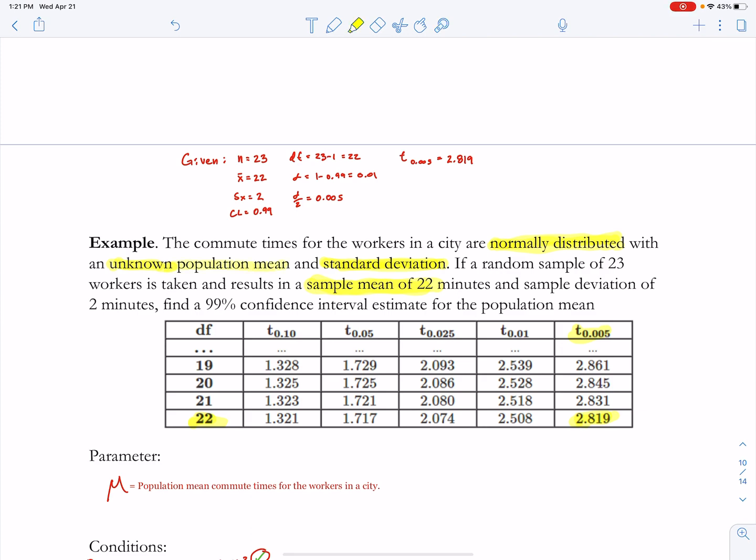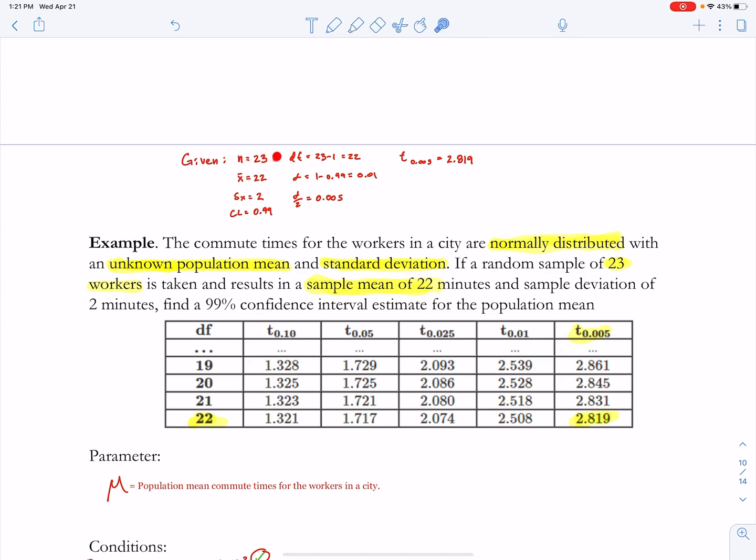Again, if you recall, for this to work out, these are going to be unknown. If a random sample of 23 workers, let's highlight that because that's our sample, is taken and results in a sample mean of 22 minutes and a sample deviation of 2 minutes, find a 99% confidence interval estimate for the population mean. Well, let's write down everything that we have that's being given here.